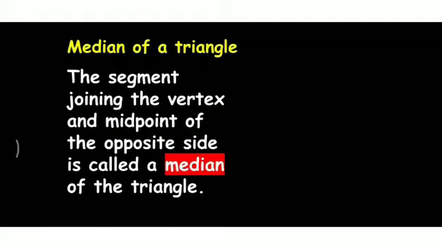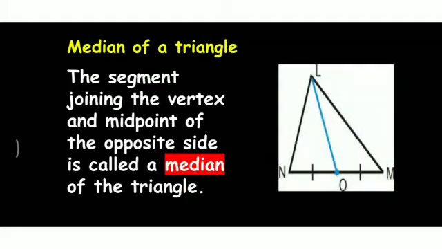So we will understand this with the help of a diagram. Here triangle LMN is given, and in it from vertex L a segment is joining point O on the opposite side. So point O is the midpoint of side MN, and segment NO will be equal to segment OM.